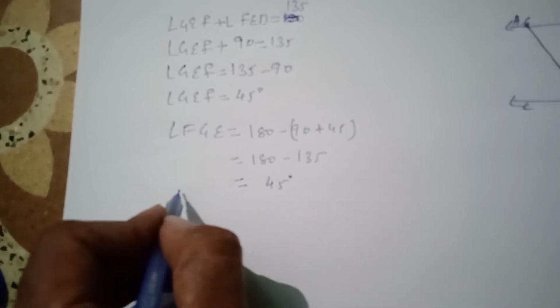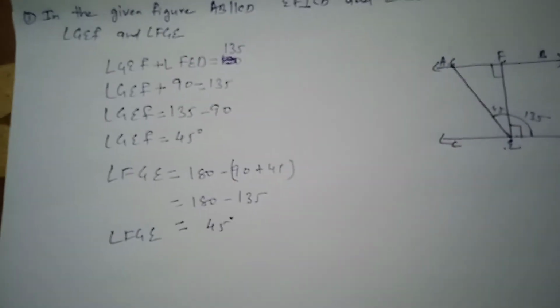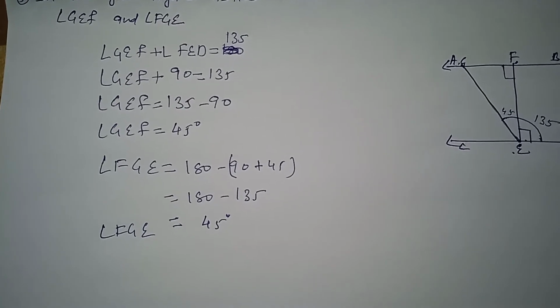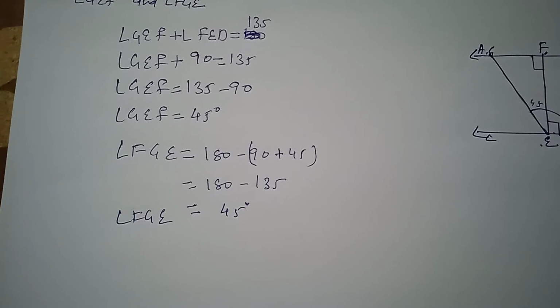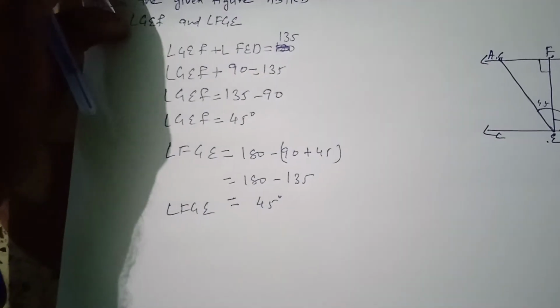Angle FGE, using the property of sum of the measure of two angles, we are getting 45. Let us see the next sum.